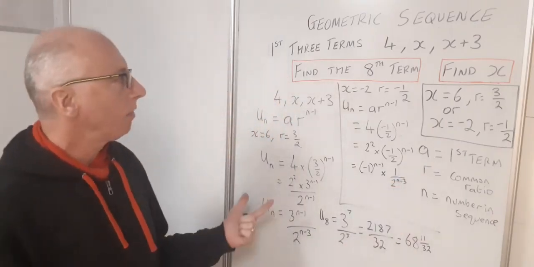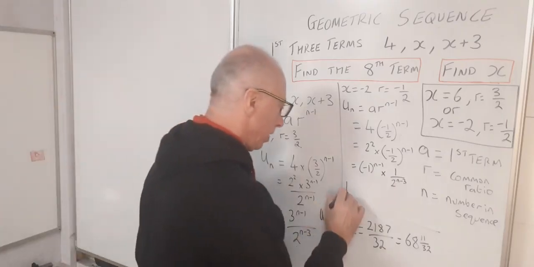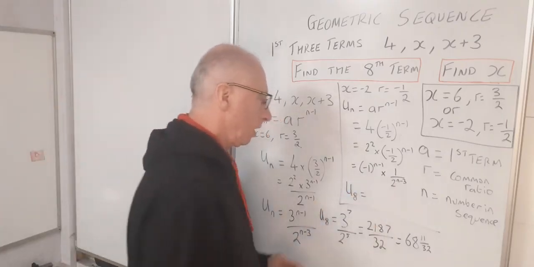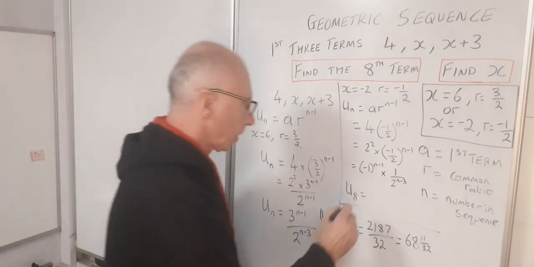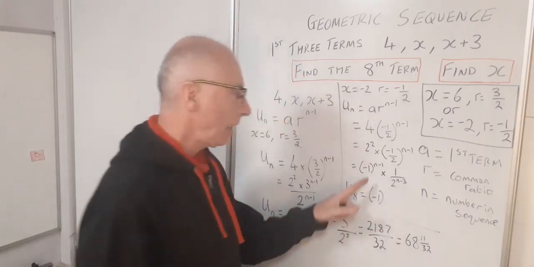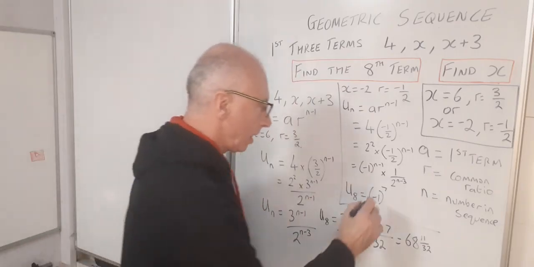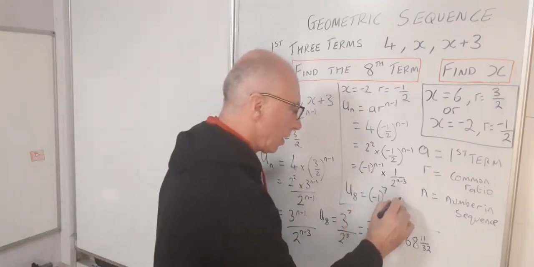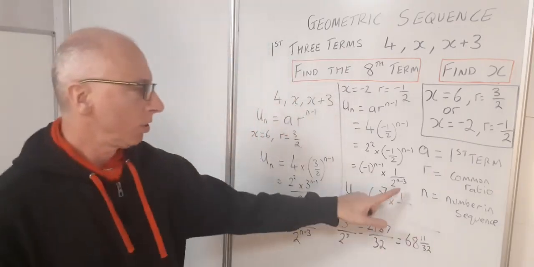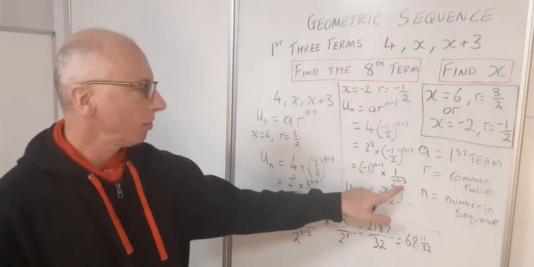Okay, right. Now let's find our 8th term from there. So u of 8 gives us minus 1 to the power of n minus 1, which is the power of 7. So that's going to give us a negative value. It's going to give us -1. And then times that by 1 over 2 to the power of n minus 3.